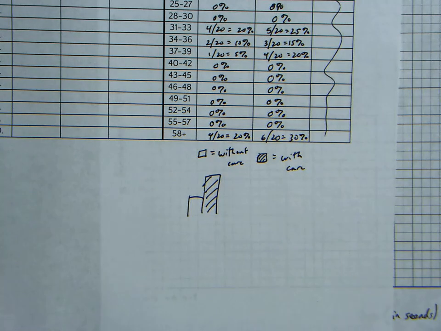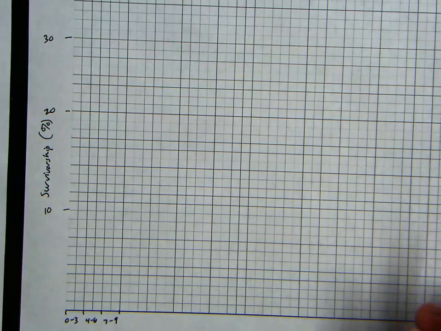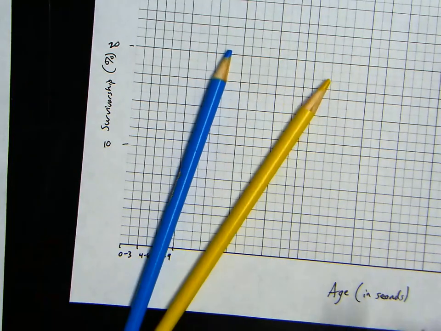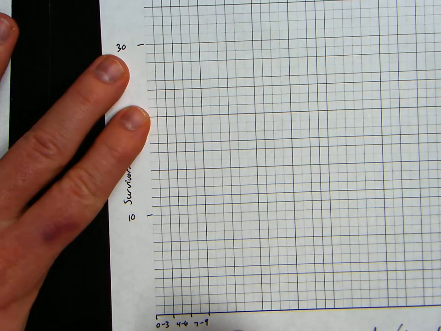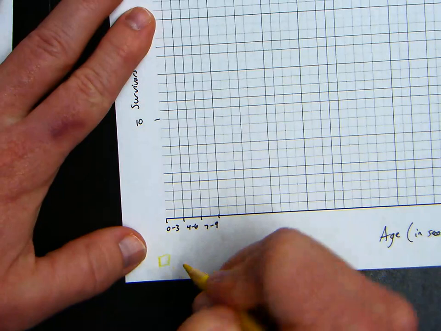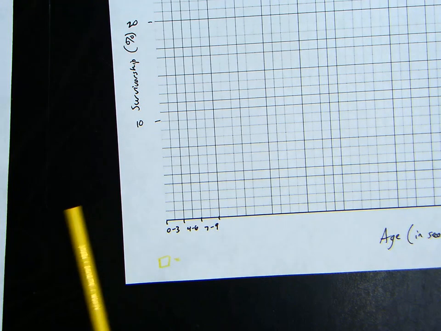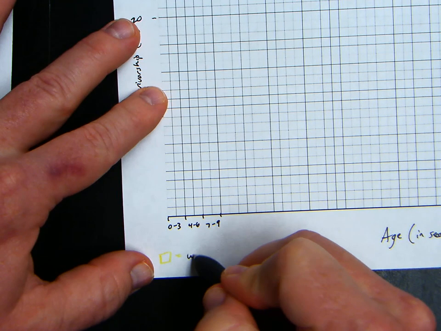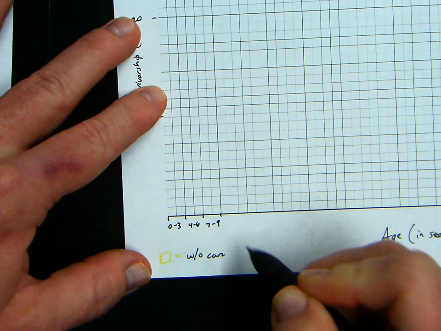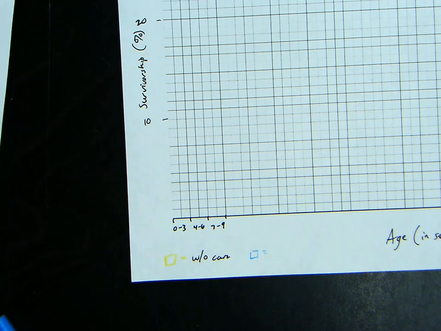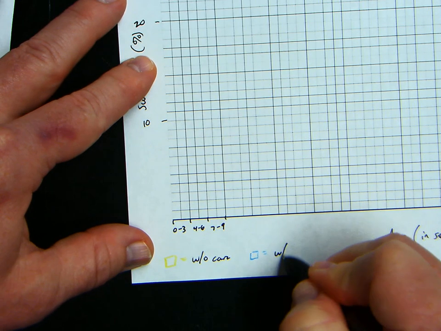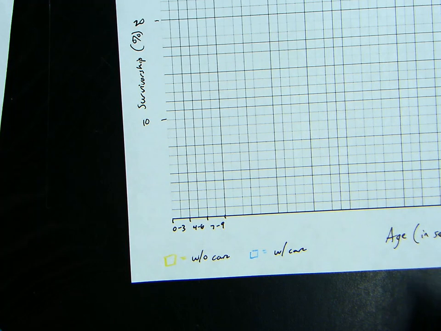So you got to have a legend on your graph so you can see which one's which. All right, so mine is going to be with the two colored pencils. All right, so for mine, I'll do the yellow. Let's just put the legend down here. Yellow, that equals, I'm going to do it in pen so I can actually read it. Without care. Okay, then the blue, that will be with care.